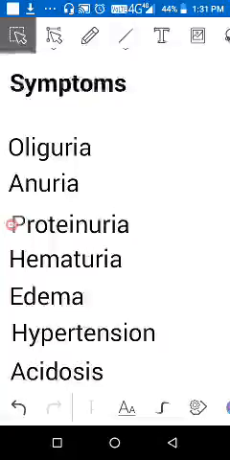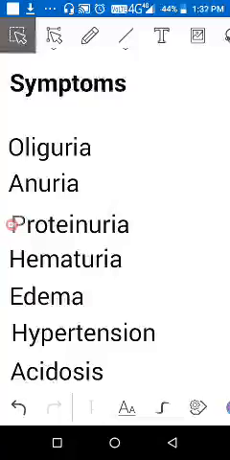Next one is edema. What is edema? Edema is the accumulation of water in the extracellular fluid. That means the increase in the volume of extracellular fluid. So what happens if the kidney is not properly reabsorbing the sodium and water? Suppose the kidney is not properly doing the secretion of sodium and water.